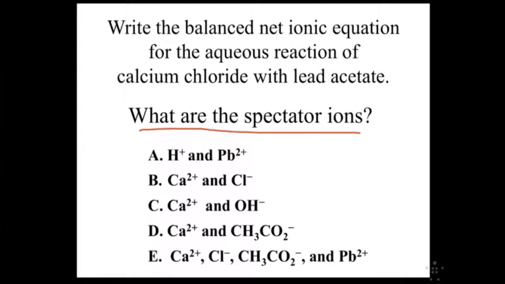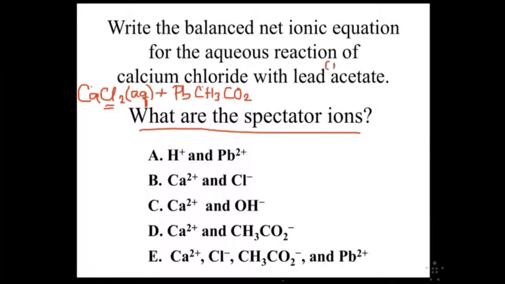Okay, so calcium chloride, CaCl2. According to our solubility rules, which I don't have on here, but if you look back at them, that's going to be aqueous because it has chlorine and it's not an exception. Lead acetate, PbCH3CO2. I just realized I made a slight mistake when I wrote this.